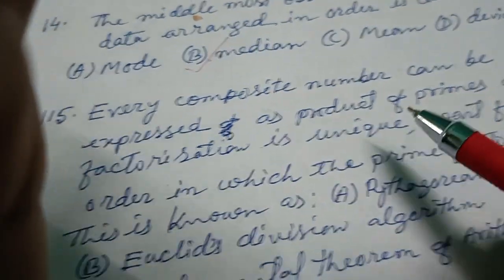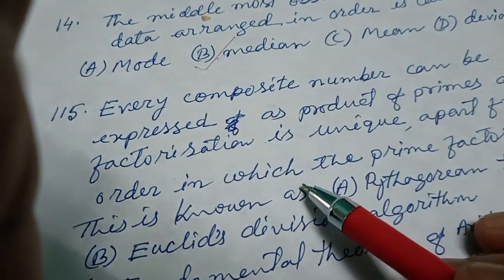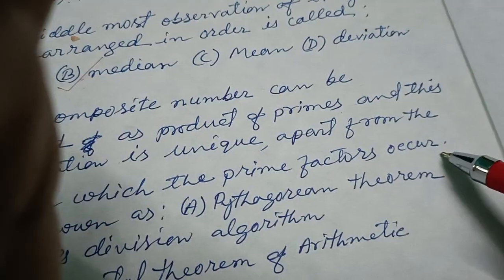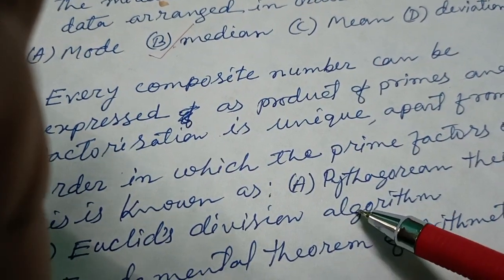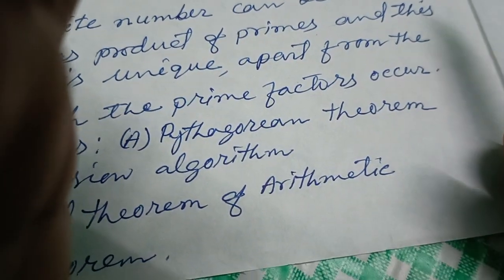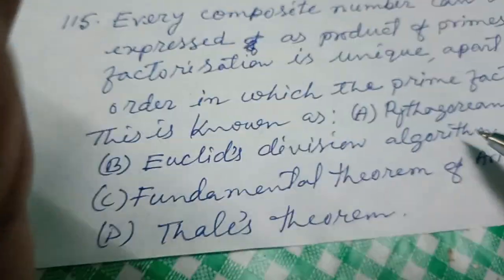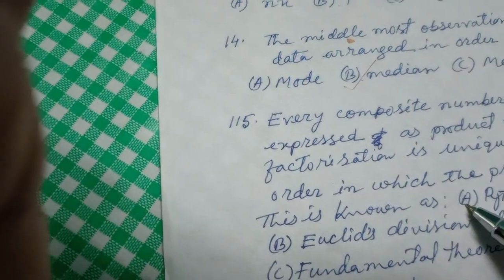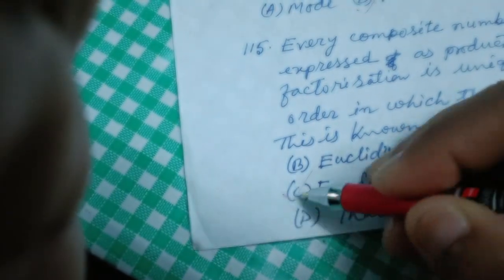Apart from the order in which the prime factors occur, that we have seen, that is known as the fundamental theorem of arithmetic. Looking at the options: Pythagorean triplet, Euclid's division algorithm, and here the fundamental theorem of arithmetic. So option number C should be your answer.